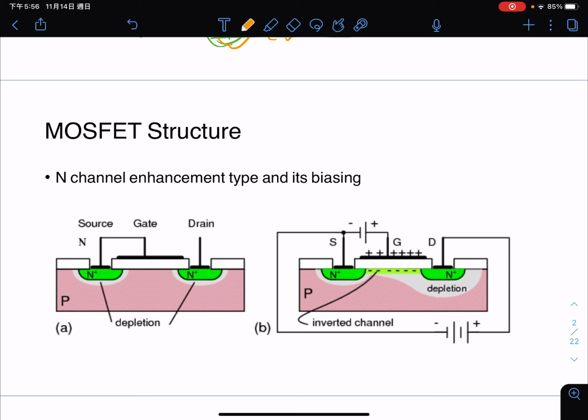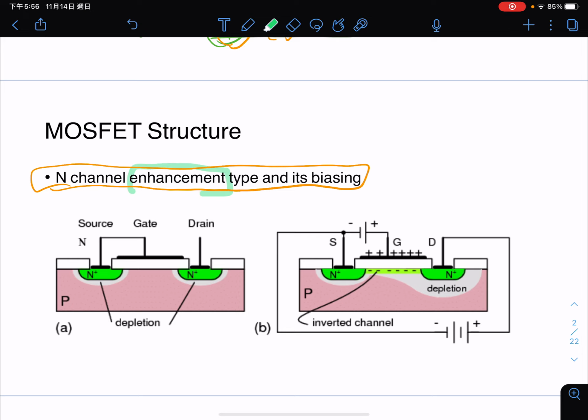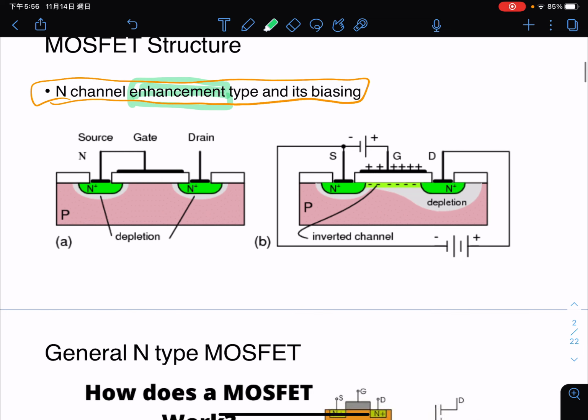Let's look at the N-channel enhancement mode MOSFET. We will introduce this word later. What is enhancement? Imagine that we have the architecture of the transistor like this.